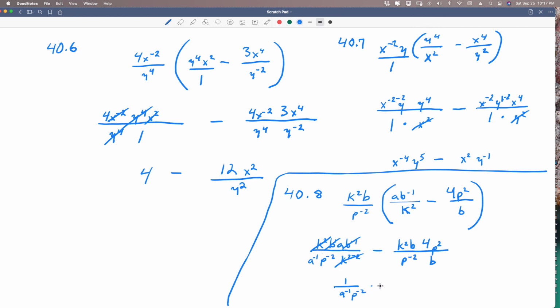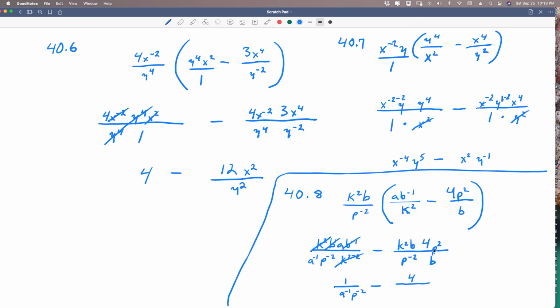Let's look at this one. We know we have 4 in the front, and we are going to actually bring that down to the denominator. No, we're not, because only the variables have to go to the denominator, so we can leave the 4 up here. All right, well, we have p to the positive 2.